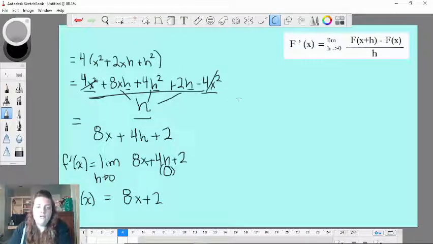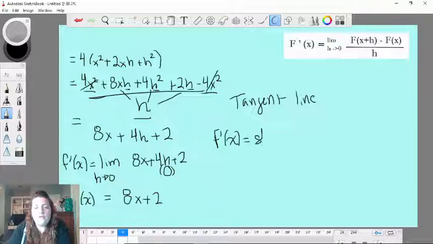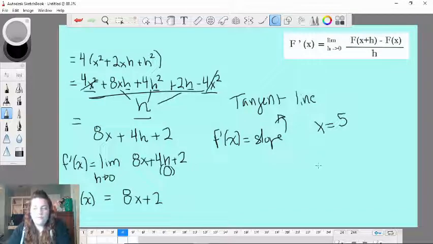From here you can find a tangent line equation, or you could find different slopes, because the f prime of x equals your slope of your tangent line at any point x. So let's say in this case x equals 5. If I want to find the slope at x equals 5, I would just plug it into your f prime of x formula.